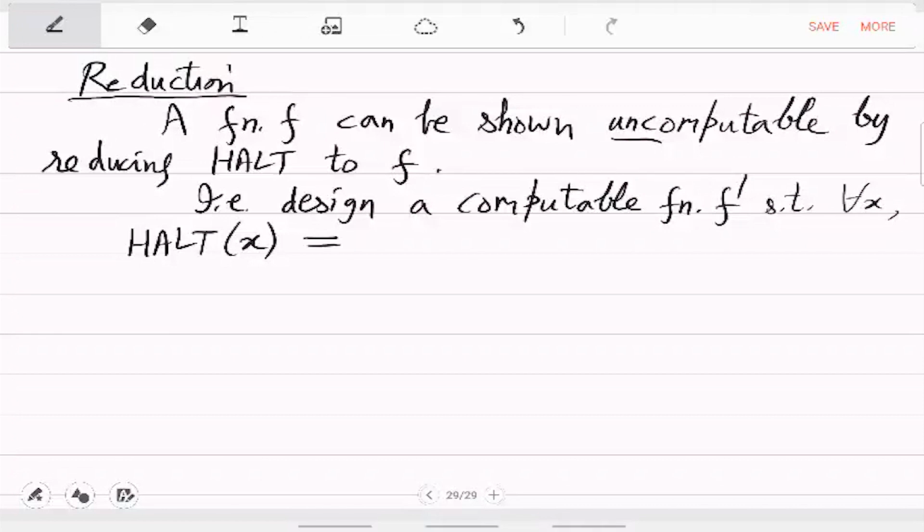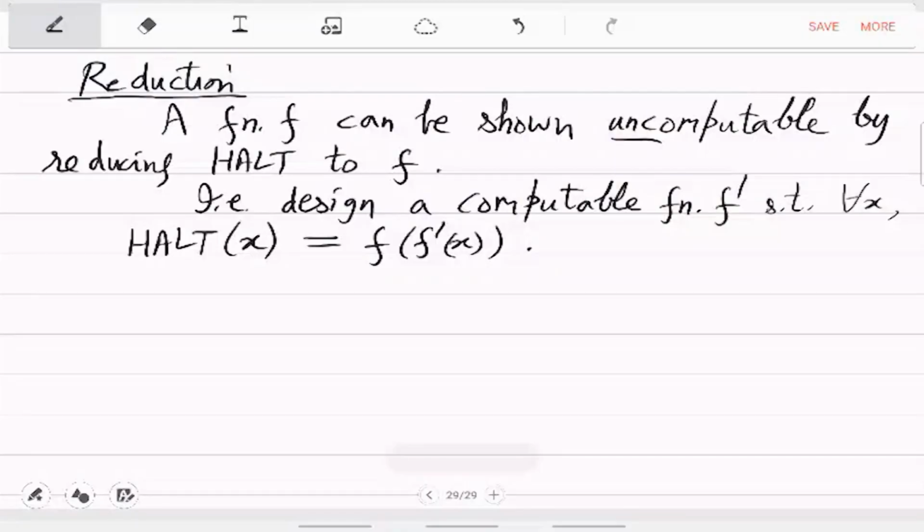So what will f prime do? f prime will basically modify the input x and then apply f. So reduction is nothing but a composition, where a computable function is involved that you have to design. This f prime is the key thing. This you have to design.